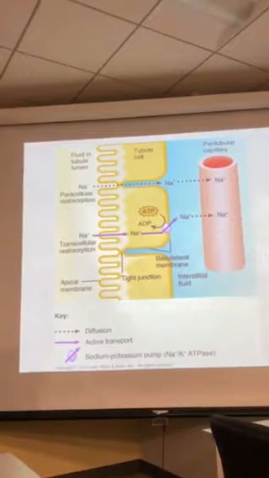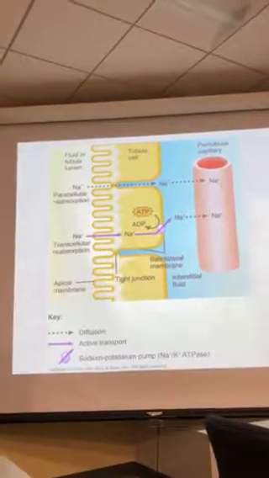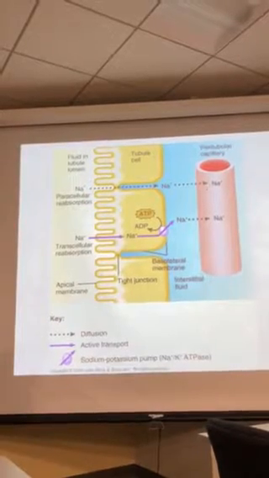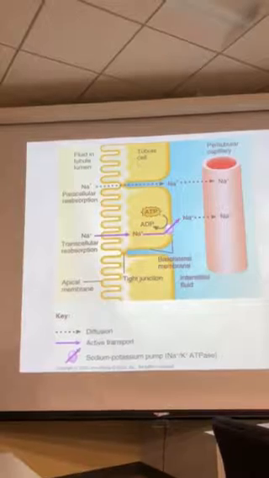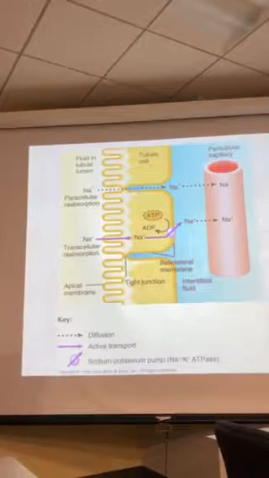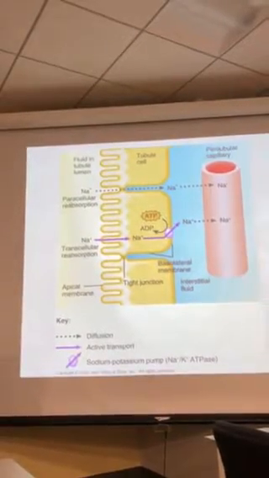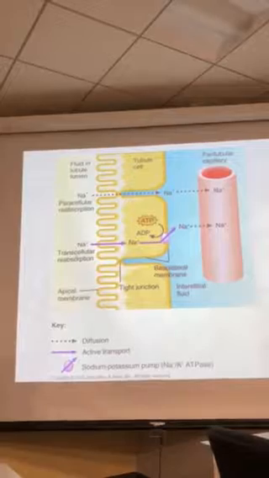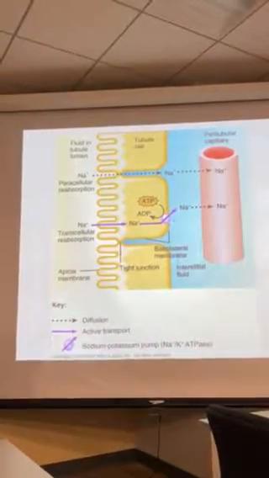When it gets reabsorbed in there, it'll go directly into that blood and become part of plasma. Can you repeat that? Paracellular? Yeah, it goes between cells in the proximal convoluted tubule. So these are the tubular cells. That's paracellular reabsorption. Transcellular reabsorption is where it goes through a cell.